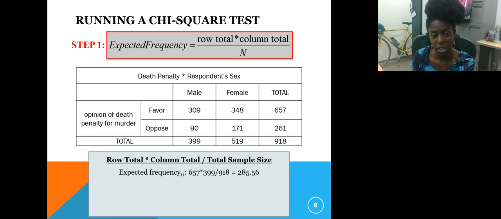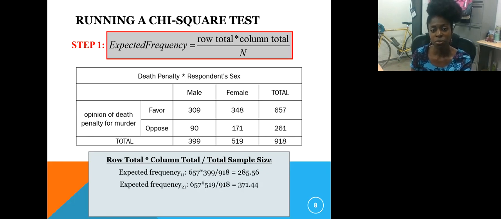So for the next one, the first one was column 1, row 1. So this is the first column, and it was also the first row. Now we're going to column 2 of that first row. Column 2 has a row total, should be the same, 657. A column total for a female, 519.